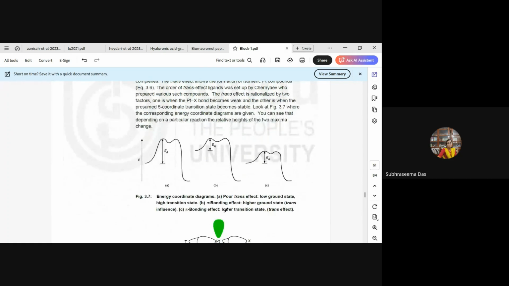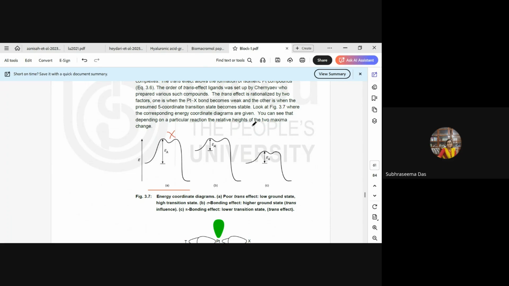So here when we look into figure 3.7, that is the energy profiles, we can see the corresponding energy coordinate diagrams and we can understand. Particularly in the first case, this is the ground state, it has a low ground state and the energy of the transition state is much higher. So this is why this has a very poor trans effect.